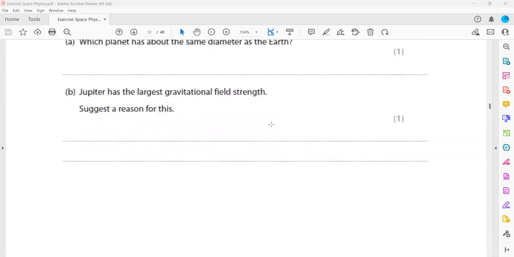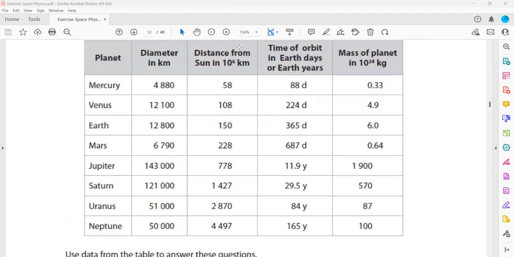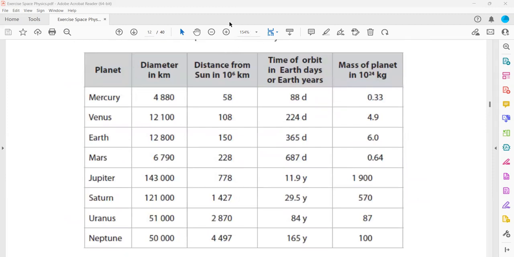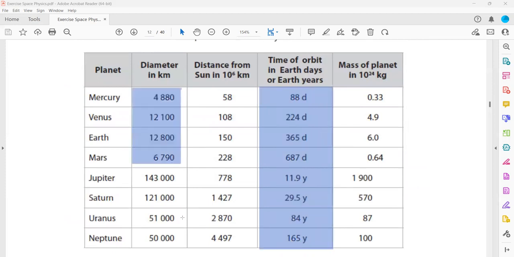So you have to compare the size of the planet with the orbital period, like the time to orbit compared to Earth days in this table, and the size of the planet. Is there a relation? Can you relate the size of the planet with the orbital period, directly or inversely?